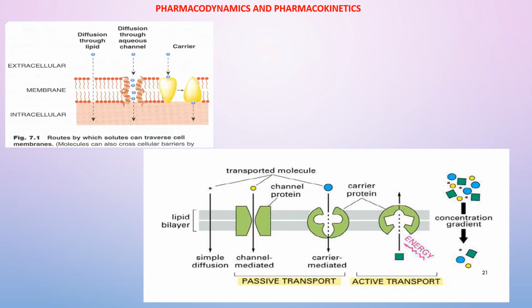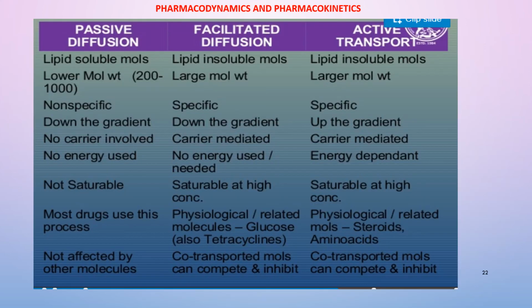The figure here shows the different ways the drug permeates into the system. The table here represents the comparison between passive diffusion, facilitated diffusion, and active transport.